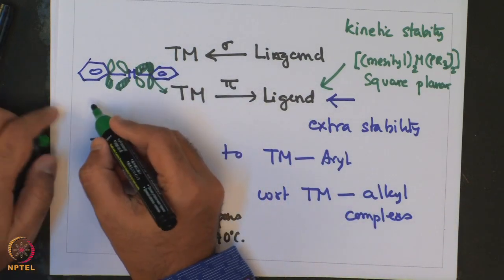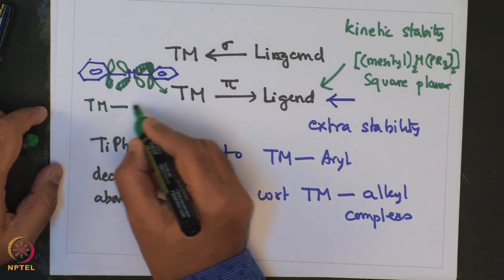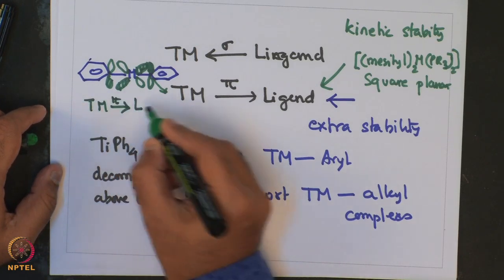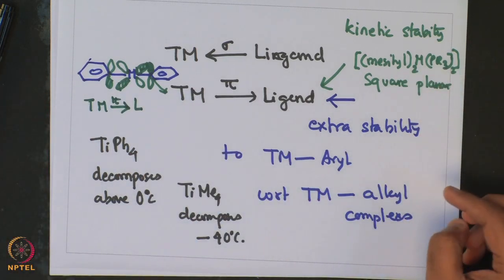So, this transition metal to ligand pi star orbital interaction brings about stability to transition metal aryl complexes.